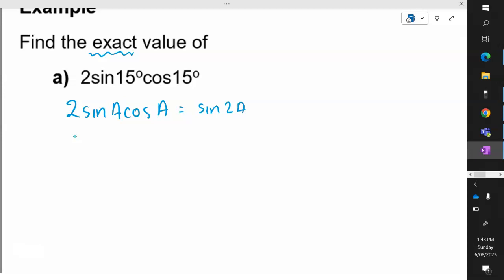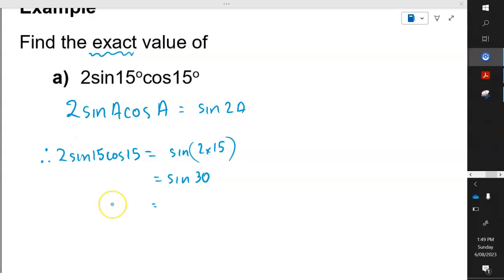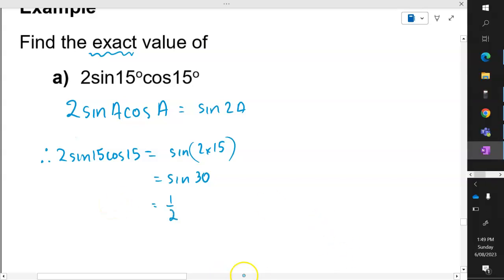Okay, so we can work that out here. So if we've got 2 sine 15 cos of 15, that's going to be equal to sine of 2 lots of 15, which is sine of 30, which we have our special triangles for, which equals 1/2.